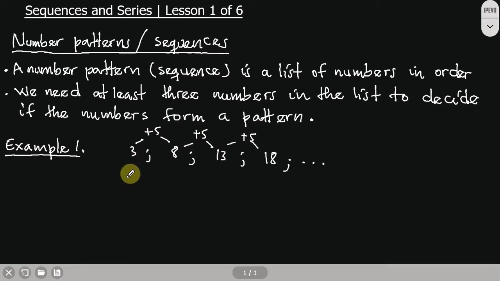The first number in the sequence or in the pattern is referred to as T1 because it is the first one. The second one is T2, the third one is T3, and the fourth one is T4, and so on. We can also say any number in the pattern is represented by T subscript n, or Tn. This is the general term that is representing any number in the pattern.